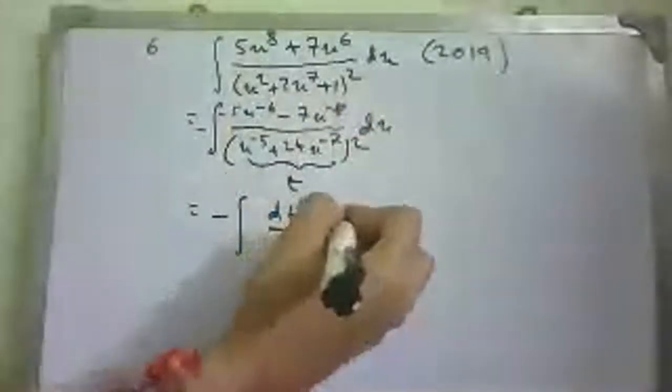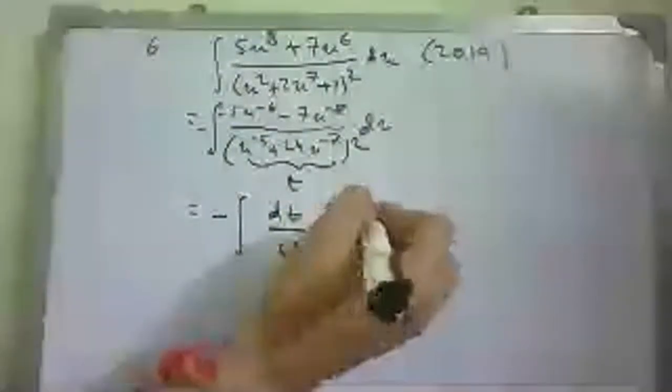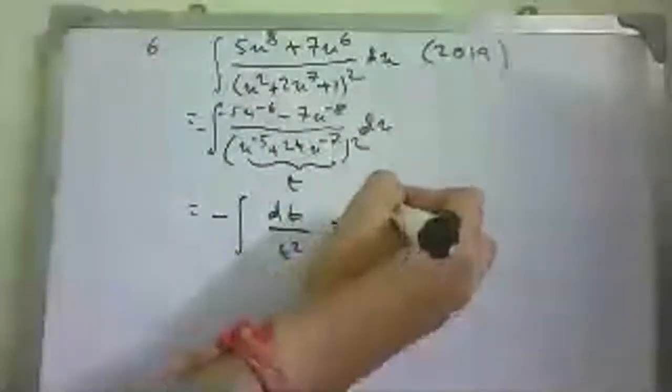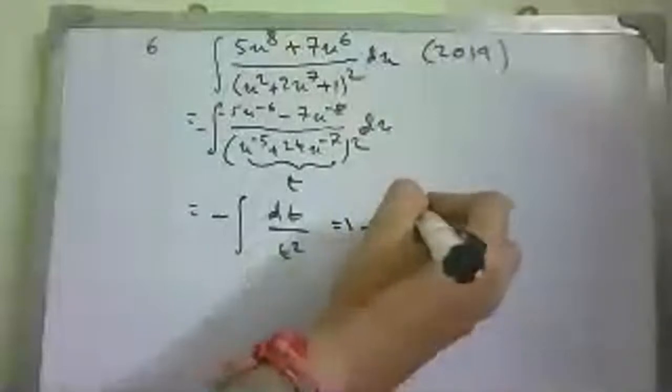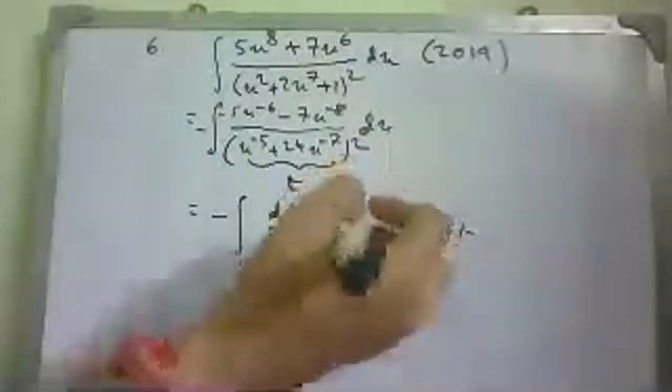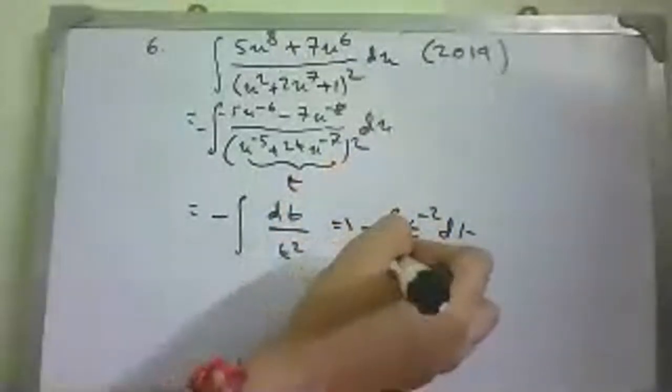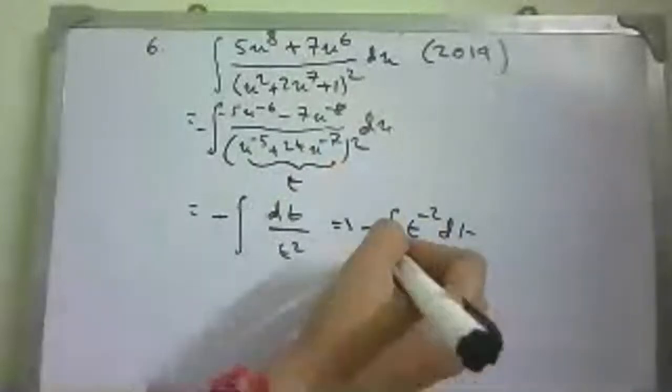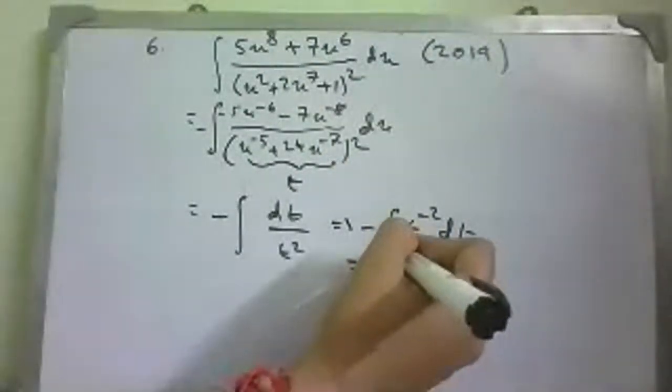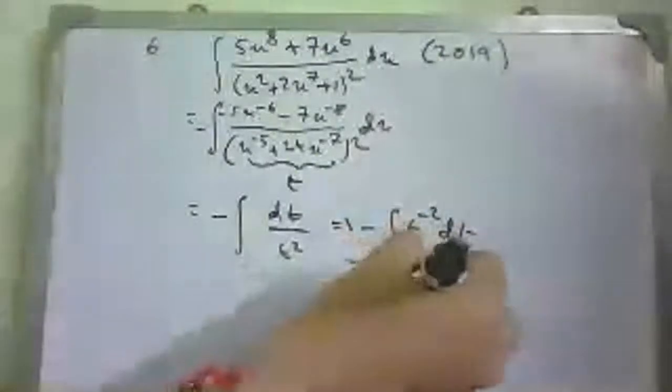So this is nothing but minus integral of t to the power of minus 2 dt, which is basically nothing but t to the power of minus 1.